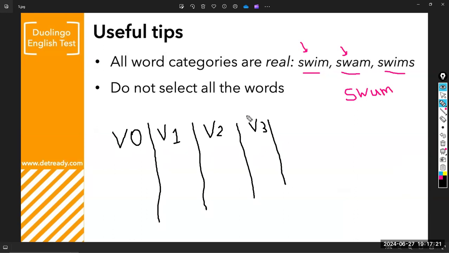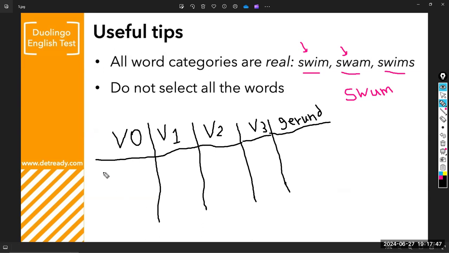Some teachers call verb 3 the past participle. Have you heard about past participle? I'm going to tell you. Maybe the word is going to be gerund. Let me show you some examples about verb 0, verb 1, verb 2, verb 3, and gerund.